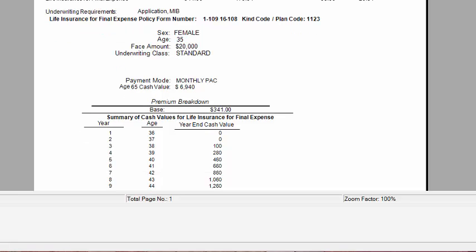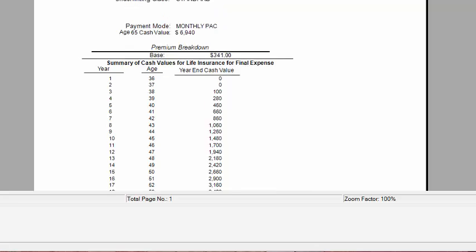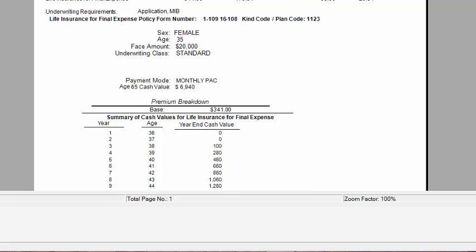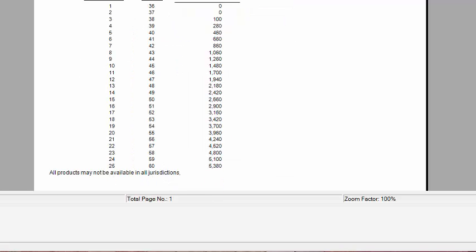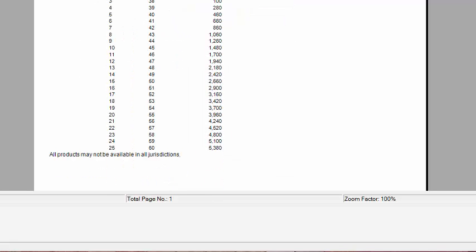So for a $20,000 face amount, female, 35, you're looking at $29.84 monthly. And, basic cash value, there's no extra. Again, in this type of plan, if you pay more, you really are not going to benefit from that unless we go up in face amount.